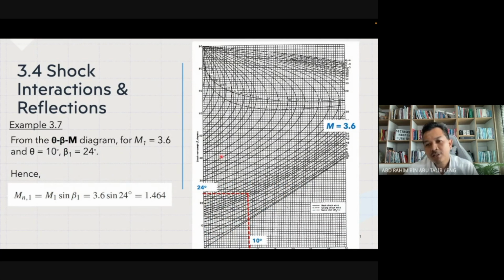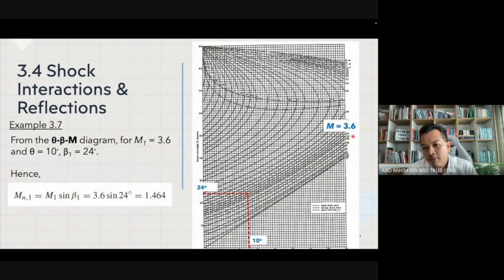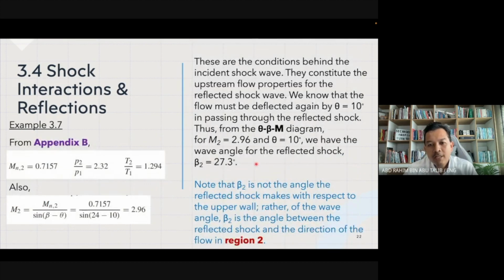So this particular chart, you use the different Mach number. Now the Mach number is 2.96. So you have to find 2.96, trace the line, go to 10 degree, you will get 27.3 degrees for beta 2.